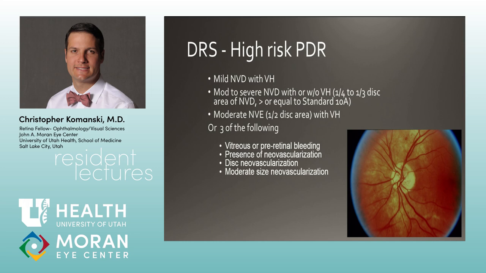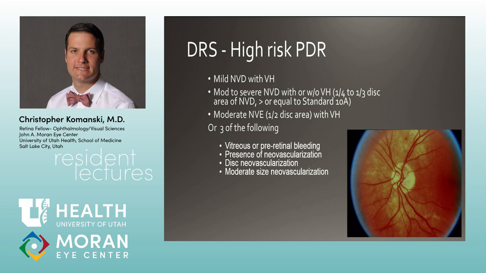So the next finding from the Diabetic Retinopathy Study is what defined high-risk PDR. When you present to us, and certainly on the boards, you want to know if it's high-risk PDR or not. That's defined as mild NVD with vitreous hemorrhage, where mild NVD would be less than a quarter to a third of a disc diameter.